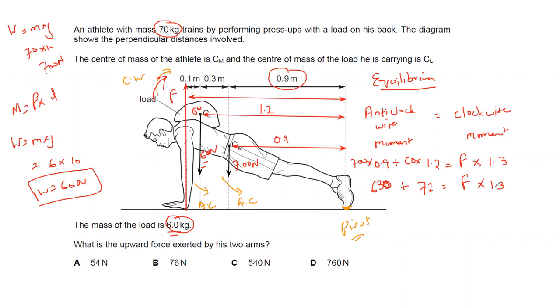Then 630 plus 72, that is equal to 702, which is equal to F into 1.3. 1.3 is multiplied, so on the other side it will divide. So 702 divided by 1.3, we will get 540.